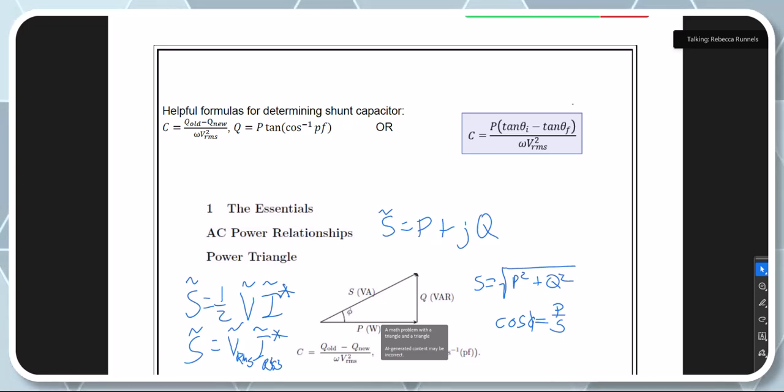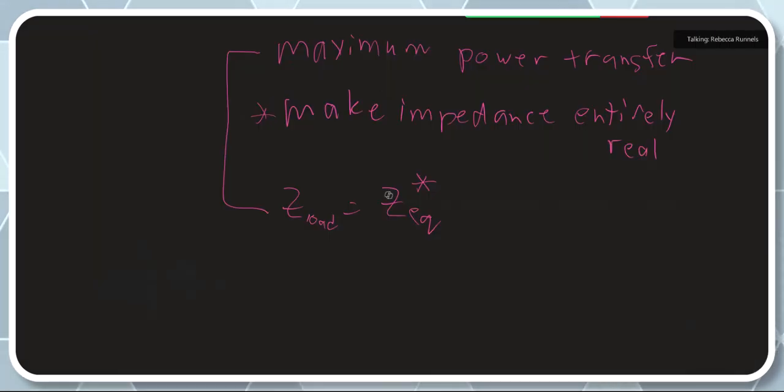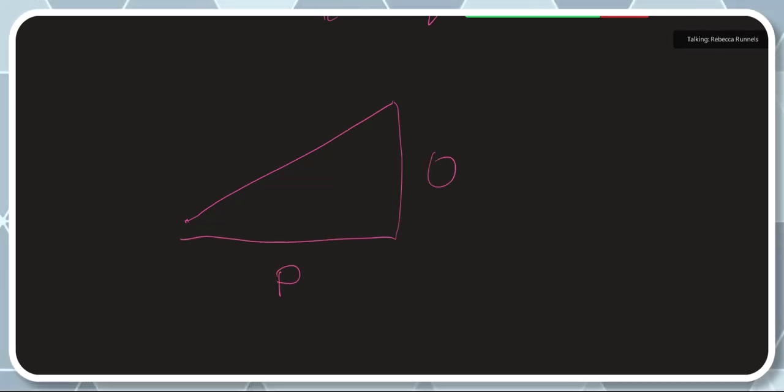What you're doing with a shunt capacitor is, if you think about our power triangle, where we have our real power and our reactive power and our apparent power, you produce this apparent power, this S. The only thing you can get any work out of is the real power. The reactive power is not doing any work, but you have to produce it.